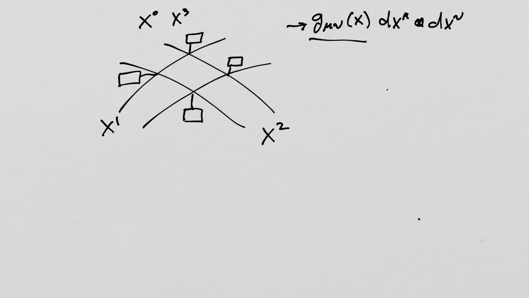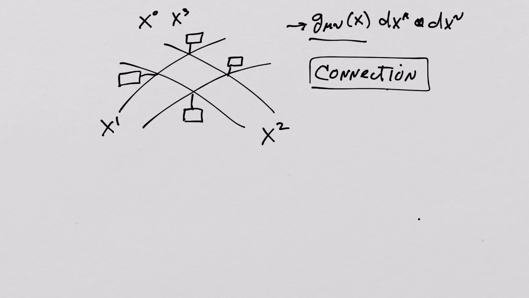The mathematical construction that allows us to ultimately go between these vector spaces is called the connection. It's a very, very rich idea that starts here in general relativity, but also exists in quantum field theory in a major way, in a slightly different form. And someday we'll get to it.